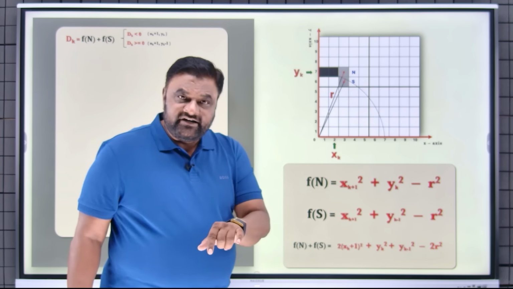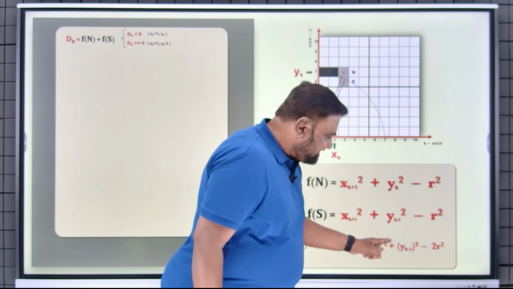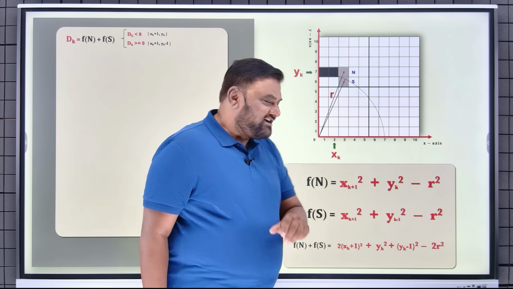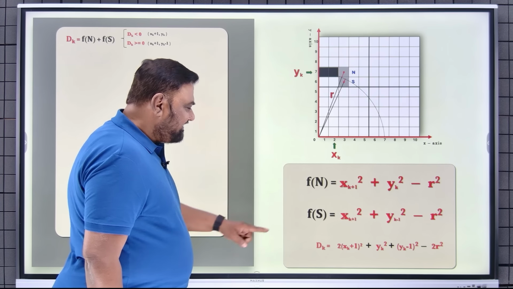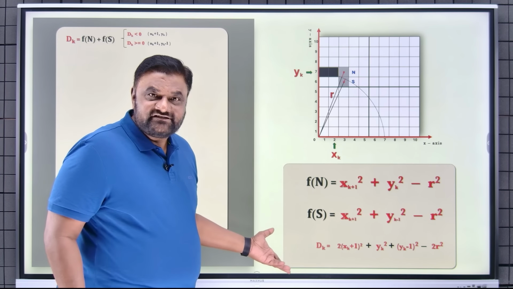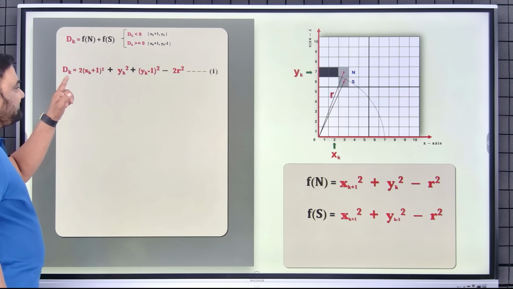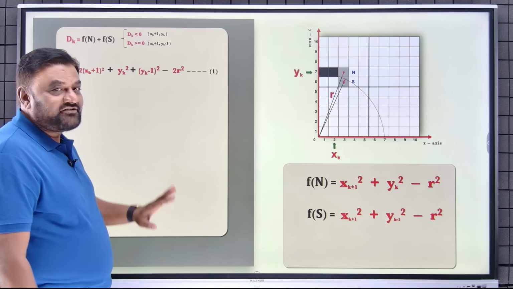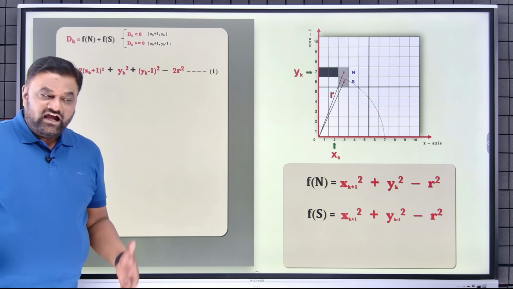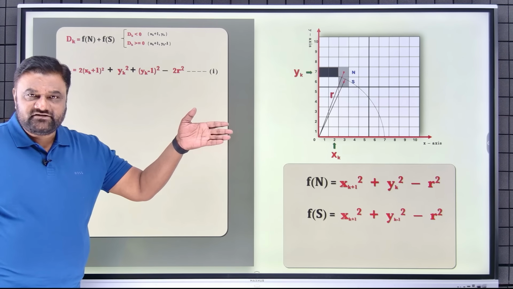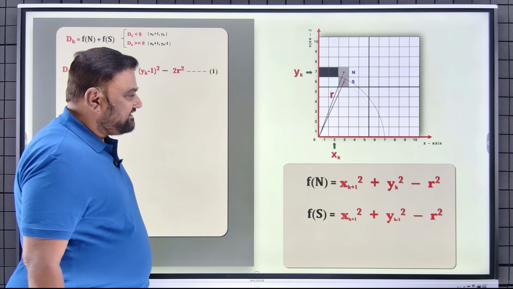So y is decrementing, so I'll put it in a bracket, then I'll say yk minus 1. So this is our dk, that is, fn plus fs is nothing but dk. This makes our first equation, dk is equal to so and so. This is our first equation, and this is what we have to simplify. We have to make it simple. Now, next important thing.